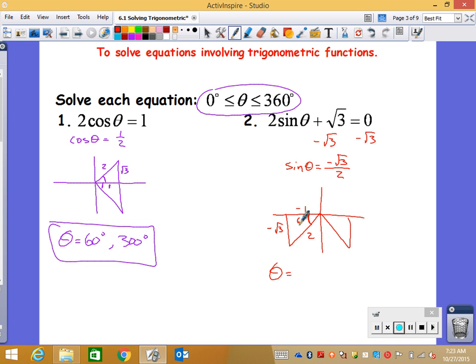I have a reference angle of 60 degrees. So I'm 60 degrees past 180, or what is that, 240 degrees for that first triangle. Now I have the same reference angle for my next quadrant. I'm 60 degrees shy of 360, or 300 degrees. So those are my two answers for number 2.